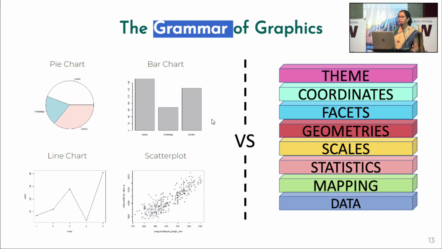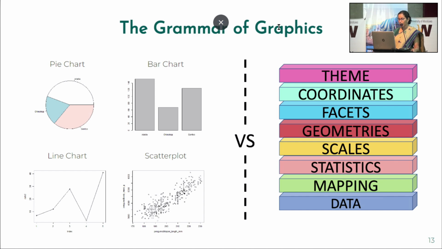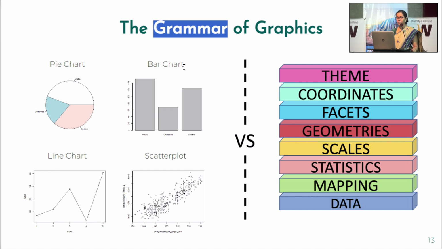So we are going to produce graphics, but we are not going to remember any specific functionalities. We are going to learn the grammar, the rules of graphics, and that allows you to do different visual representations.